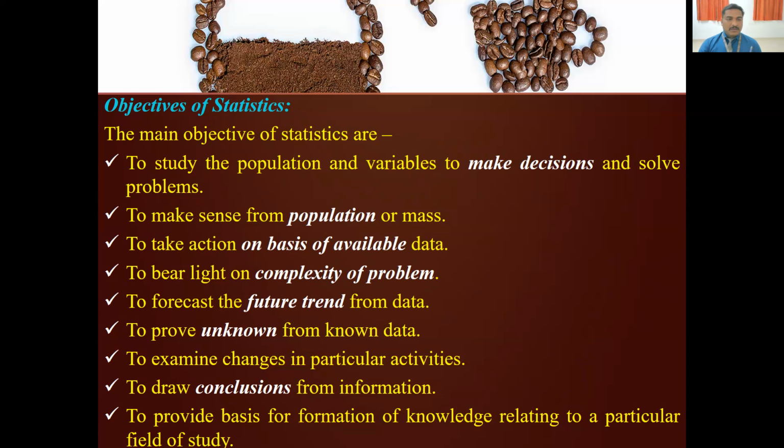And we are able to make a conclusion, and that's what we have seen, that we become a better decision maker through statistics. Also, to provide a basis of information for knowledge related to a particular field of study. Since statistics is an interrelated subject, it will help us to gain knowledge from other subjects also. So these are the objectives of statistics.